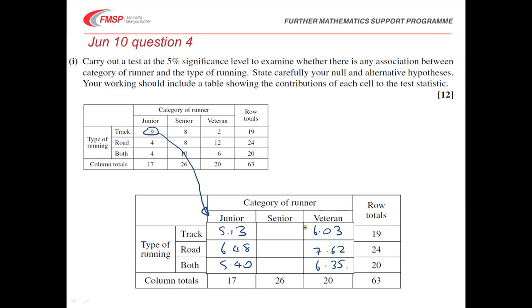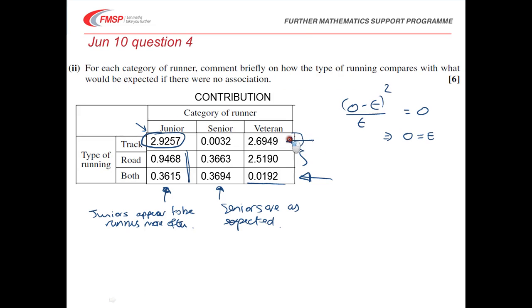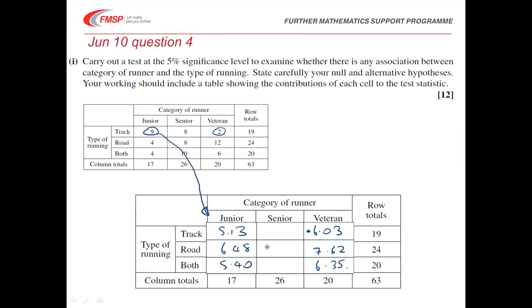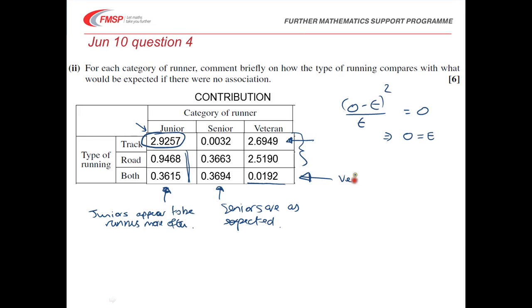Here we can see that this is bigger, so they tend to be track runners less than expected. We can see that because this is quite big, it gives us something to think about. So again, you go back to your data and you can see that your observed data is less than expected, so we can state that.